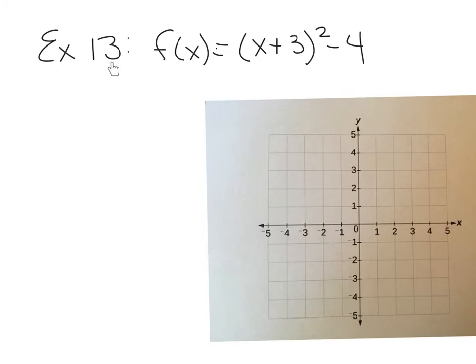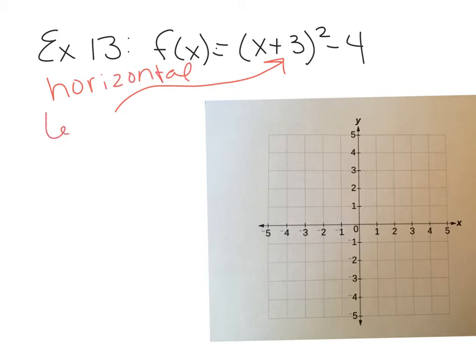Example 13 is on page 249. f of x equals (x plus 3) squared minus 4. This is similar to the last example where we have a shift here inside the square. This is the horizontal shift. It's not going to go right this time though, it's going to go left. And our minus sign on the outside is going to be a shift down.